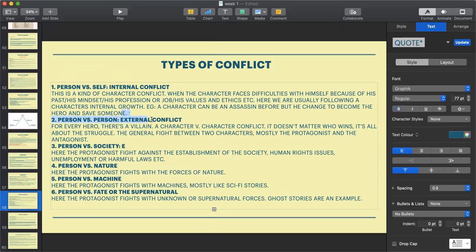But the point is, even when you are talking about an external conflict, for example, a person versus society, you have to talk about how the character is feeling. Sometimes the character is feeling too depressed, too frustrated, because though he has everything, he cannot fight so many people against the social laws.